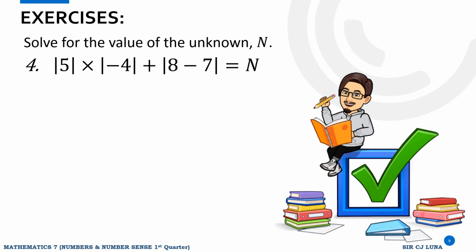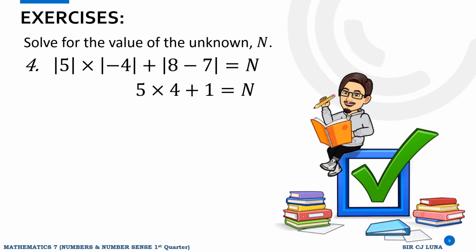Ano yung absolute value ng 5? Good. Positive 5. How about negative 4? Positive 4. Tama. Yung 8 minus 7? Tama. Positive 1. So, meron tayo ngayong 5 times 4 plus 1 is equal to n.